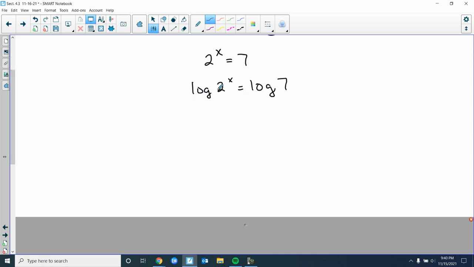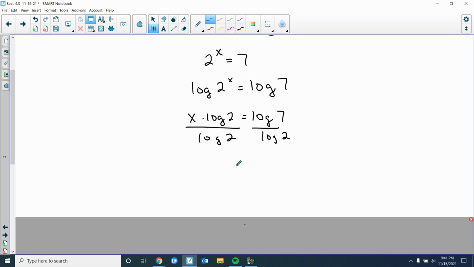So I got log of 2 to the x equals log of 7. When you take the log of both sides, now the 2 to the x is an exponent, that can go out in front as a constant. And I can now solve for x by dividing by log of 2.